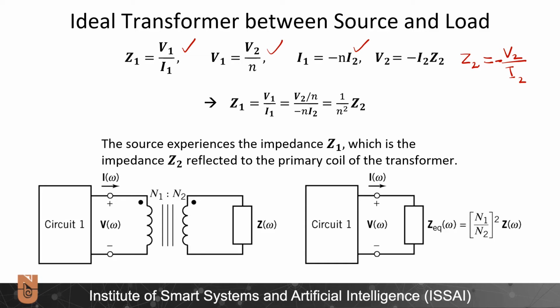And using these equations, I can write Z1 is equal to V1 divided by I1. And I can use for V1 the following equation, V2 over N. And for I1, I can write minus N times I2.